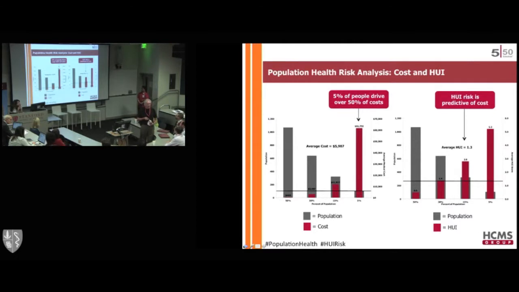So if you have a HUI score on a person, and I'm seeing them as a provider, it allows me to allocate resource differently. Meaning if the person that I'm seeing has got a HUI score of 1, which is average, or a HUI score of 0.5, they don't need the same attention as somebody who's got a HUI score of 2.5 or a 5.